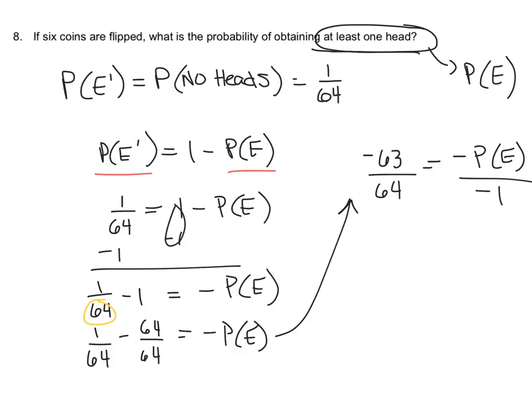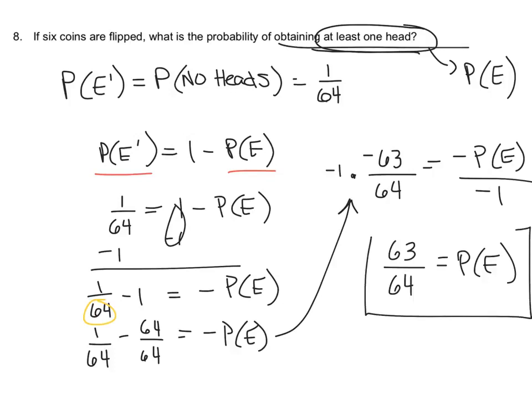Dividing by negative 1 is the same as multiplying by negative 1. So negative 1 times negative 63 is a positive 63, so I have 63 over 64 equals the probability of the event. And again, the event is obtaining at least one head, so my answer is 63 over 64.